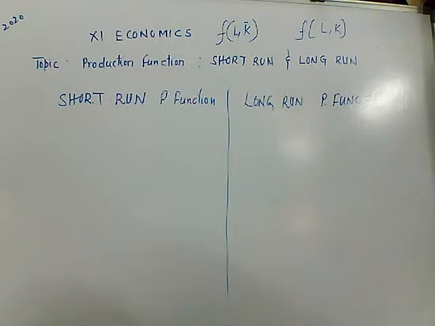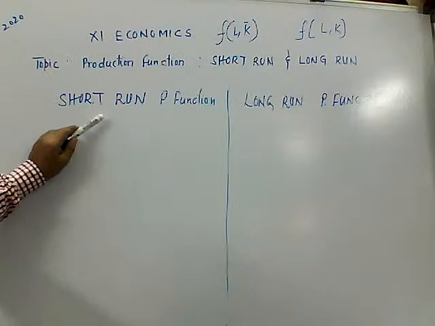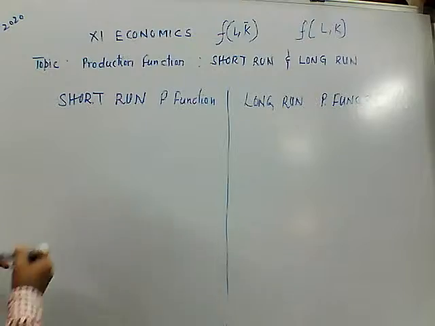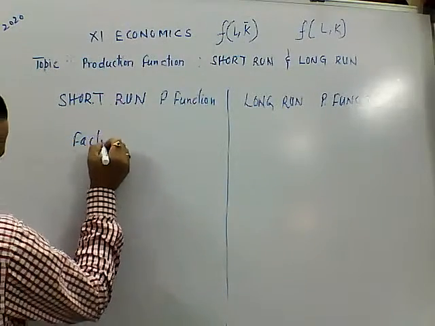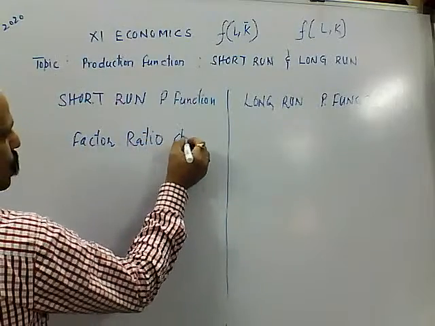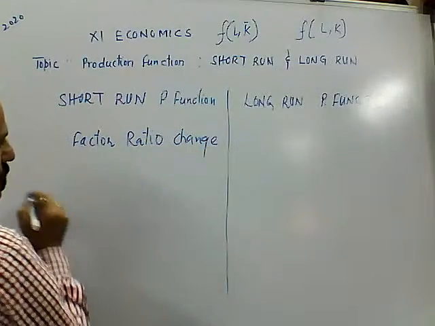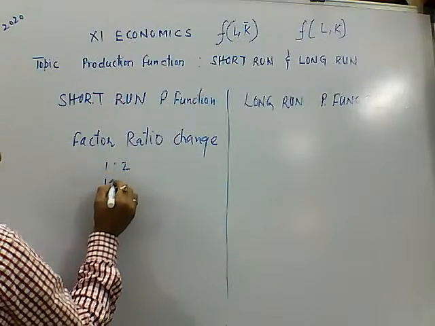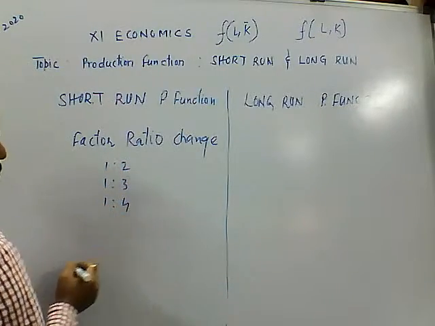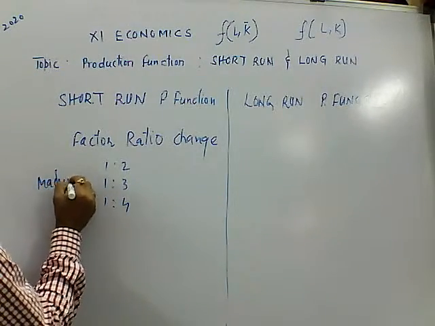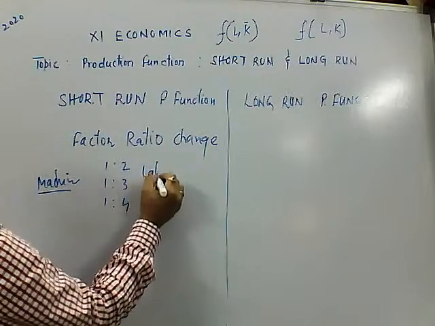So point number 1. In the short run production function, the factor ratio tends to change. When you talk about the factor ratio, it can change, meaning 1 ratio 2, 3, 4, this way you can change. Say you have one machine, and on this side we are taking labor.